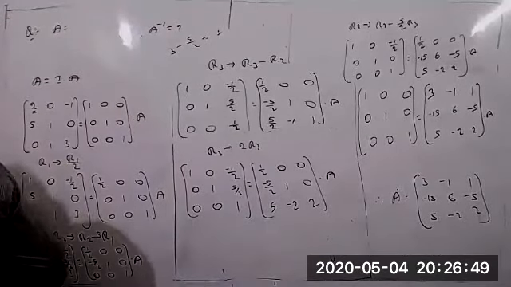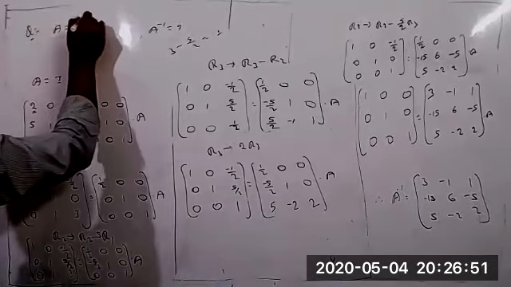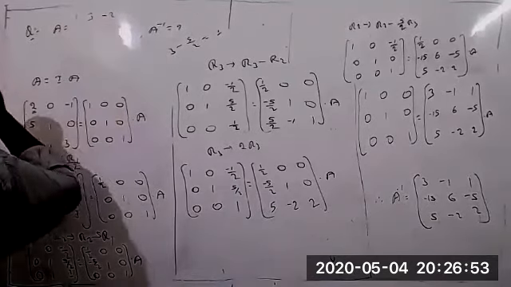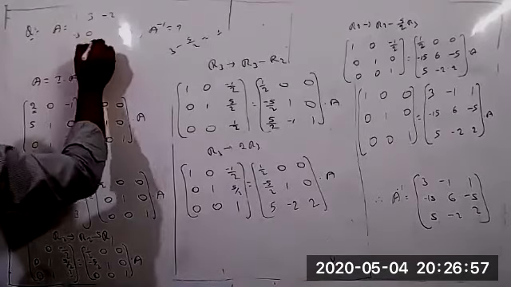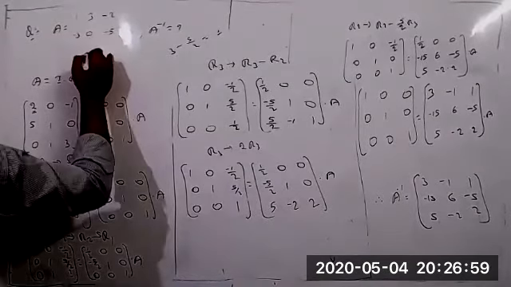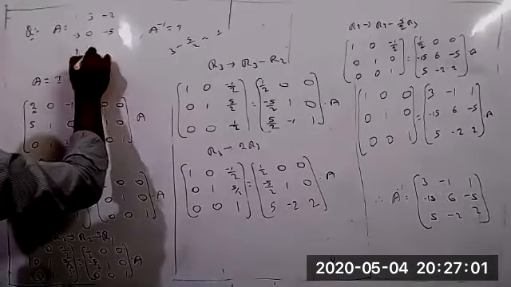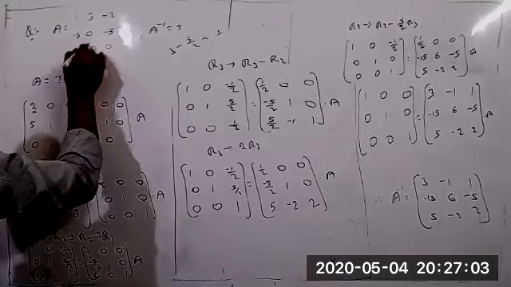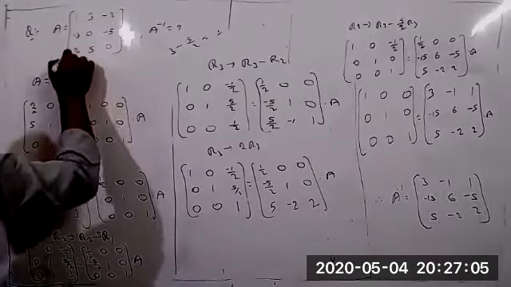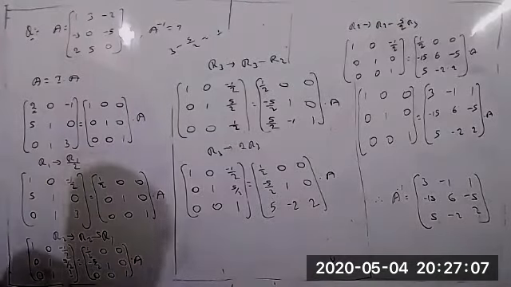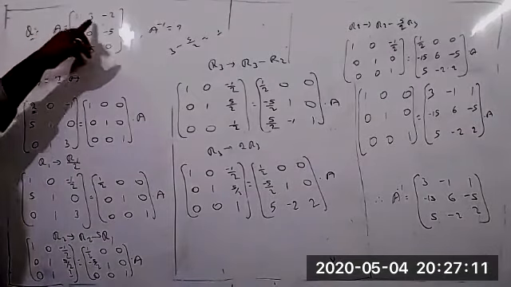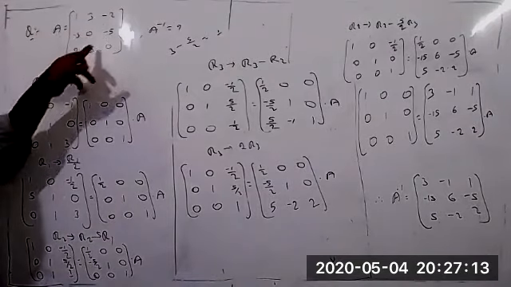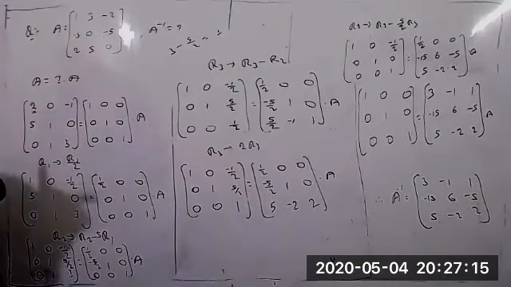A equals 1, 3, minus 2, minus 3, 0, minus 5, 2, 5, 0. You can try this question now. Find the A inverse.